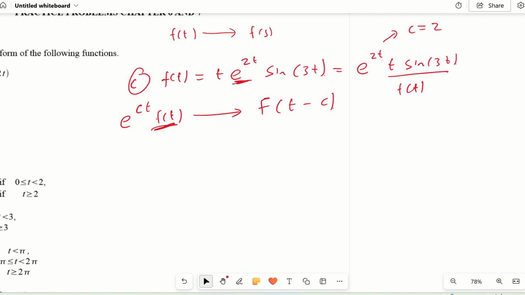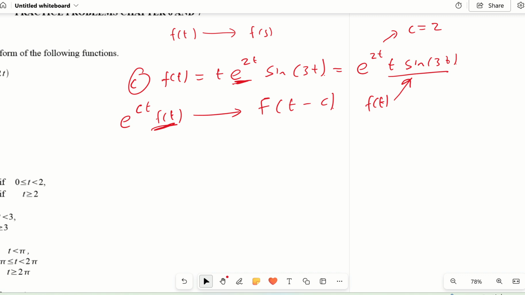But then if you don't understand, you can go back, pause the video, and maybe see where you can solve it on your own, and see where you get stuck, because I've given you a clue up to this far. But then let's continue. So this will be f of t.